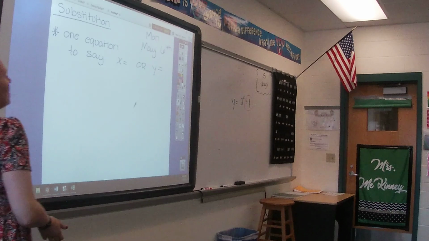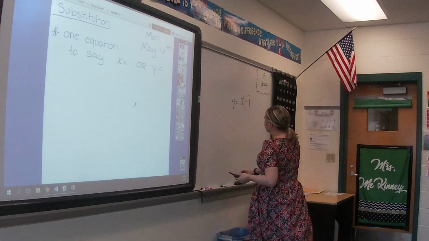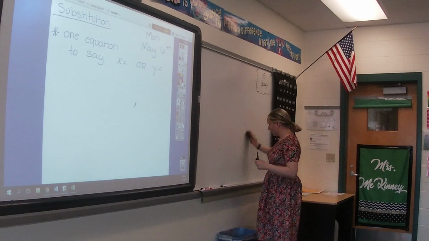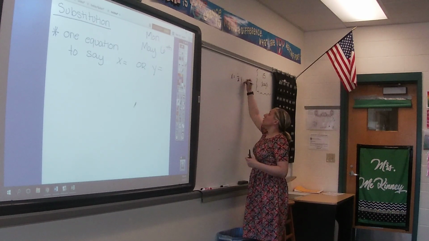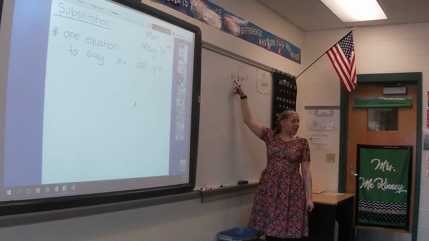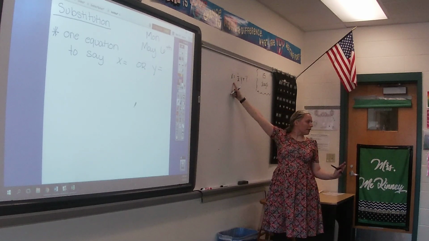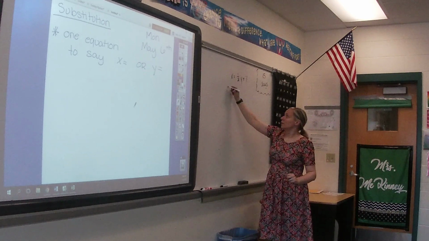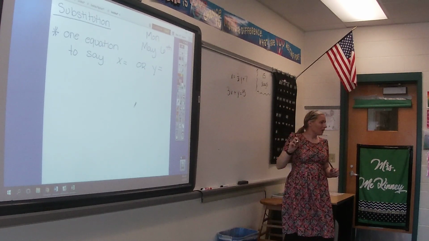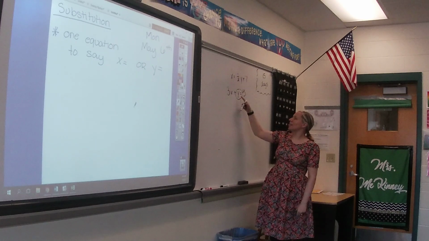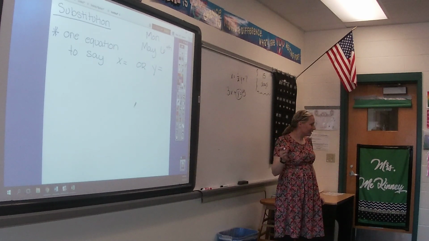Now, I always tell my students to make sure that when I'm saying x equals and y equals, we're agreeing here. This says x equals, so this would be fair game for substitution. You can't look here and say, oh, but Mrs. McKinney, that says y equals in the middle of it.